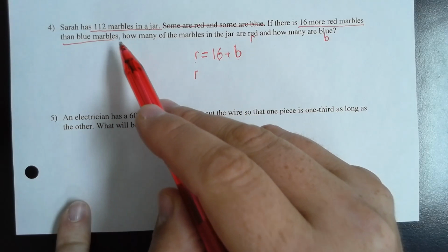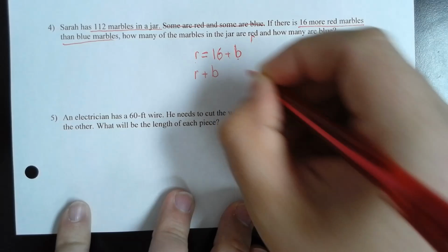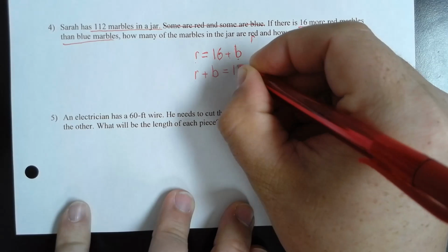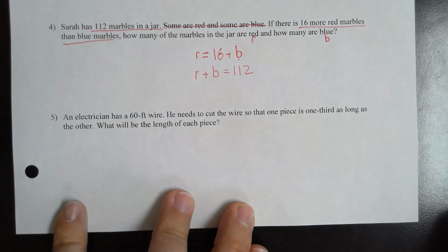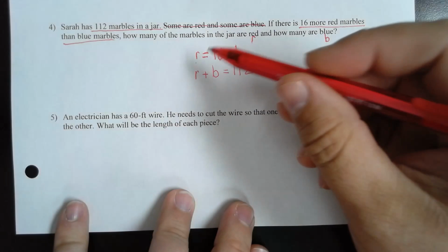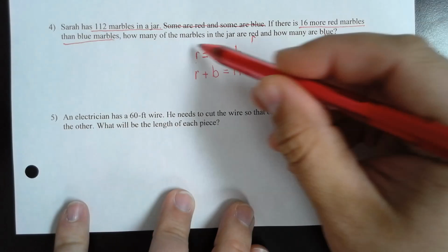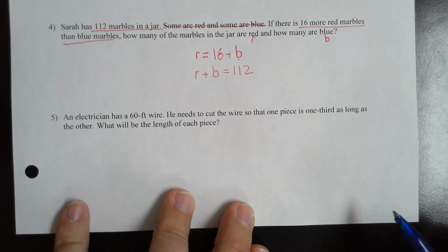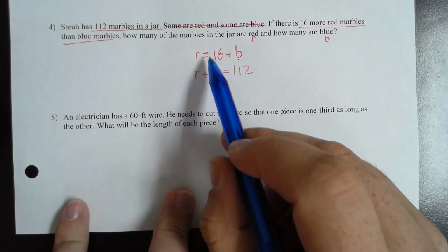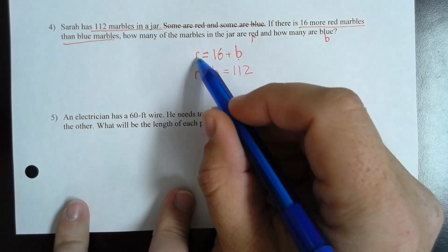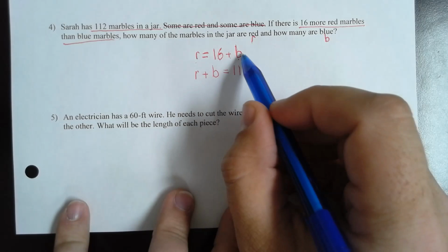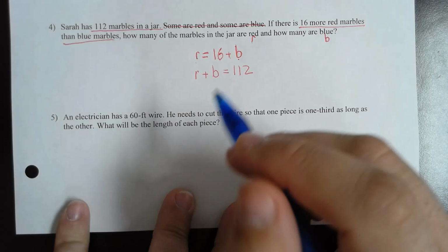So our red marbles plus our blue marbles is going to equal 112. Okay, so we've set it up in two equations here. Okay, but we need just one equation. Okay, so the way we can do this, we know that our red marbles equals 16 plus our blue, right? So what can we do with 16 plus our blue?